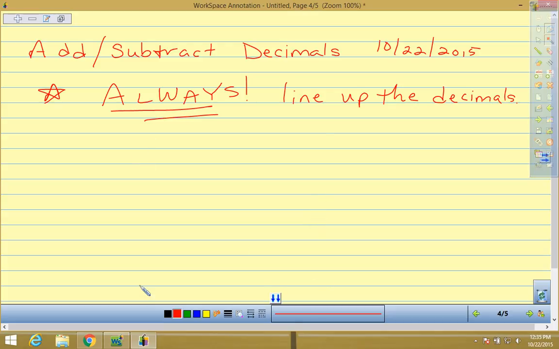So, a lot of times when you are given decimal problems, like out of a book or on a worksheet, they're put in horizontal format, and then you've got to figure out how to line it up and write it properly.